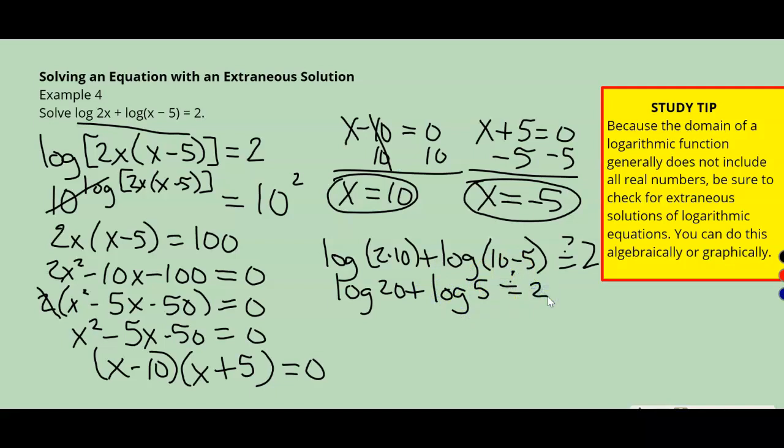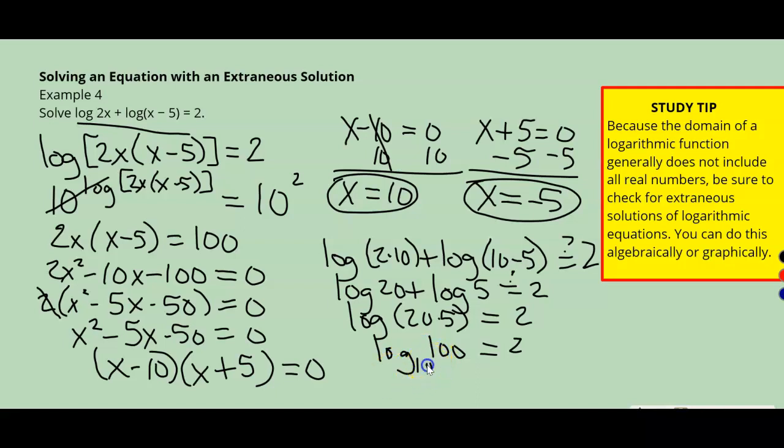Remember, properties of logarithms say this addition came from a product property, so I can say log of 20 times 5. It's just using my properties of logarithms. So it's going to be log of 100. Does that equal 2? Well, this is log base 10.